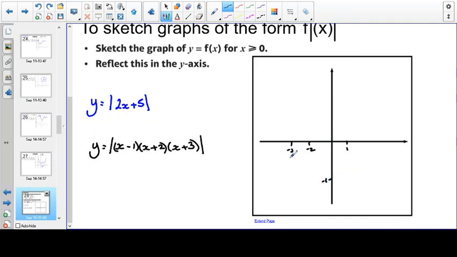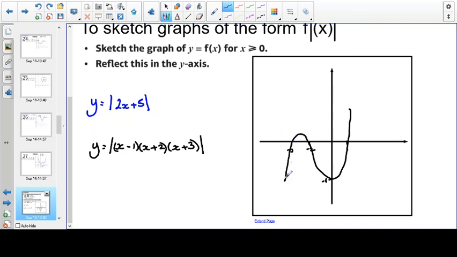Okay, so in terms of the actual graph, that's going to go up like that, down through there, and then back up like that. So this bit and this bit are above the x-axis. The rest of it needs to reflect.